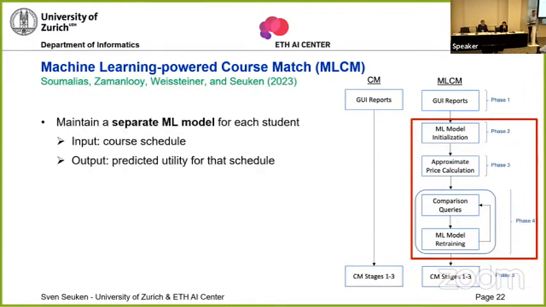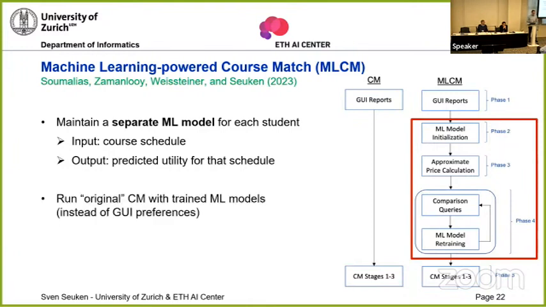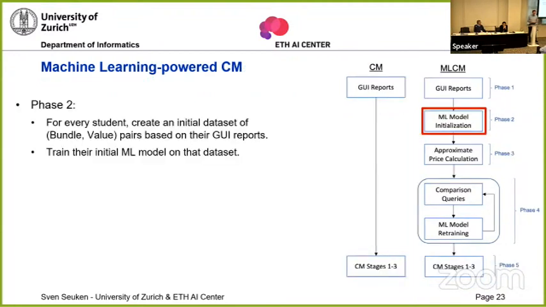And the idea is similar to the auction-based work, that we're going to maintain a separate machine learning model for every student. The input to the machine learning model is a course schedule, and the output is going to be the predicted utility for that schedule. And then at the end, we're going to run the original course match mechanism, but instead of the GUI preferences, we're going to use the trained machine learning models as the input.